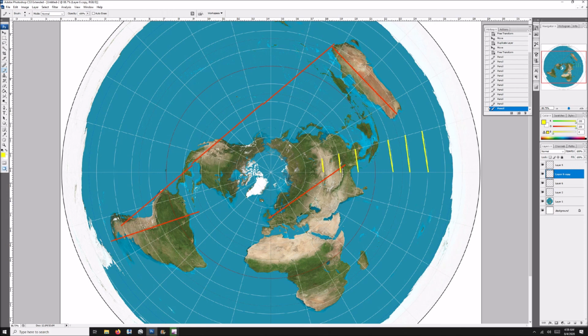When we try to take that scale and apply it to, say, Northern Europe, we end up with an Australia that's as big as Asia and the Middle East and Europe combined, or we end up with an Australia that's longer than South America is. Clearly, that's not the way the world works.